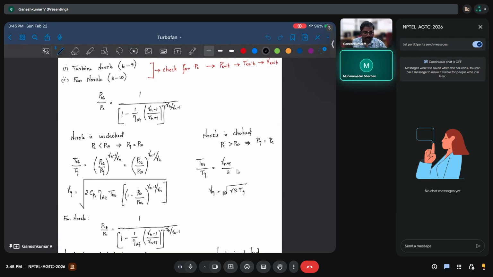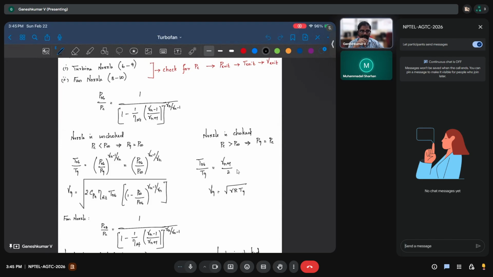One more thing. After the air passes through the fan, it will split, with some portion going to the core and some portion bypassing. So the pressure gradient across the fan will be different, right?